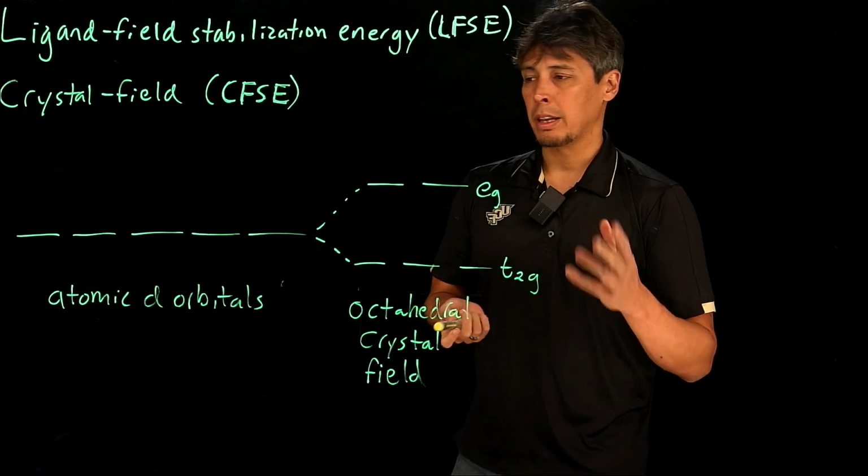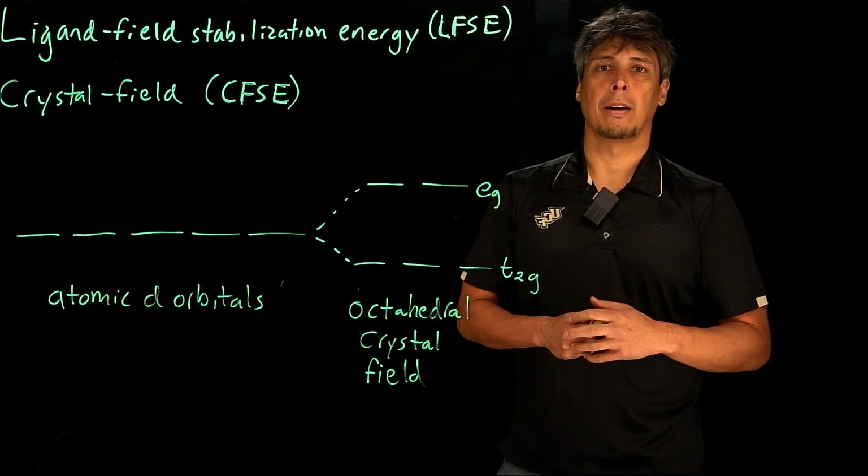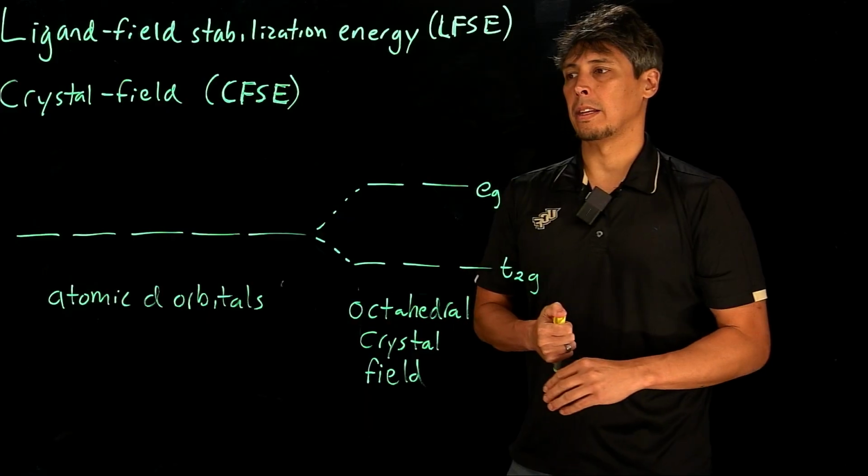As we talked about in the last video, when we look at the atomic d orbitals, we have 5 degenerate orbitals, and these are not split.